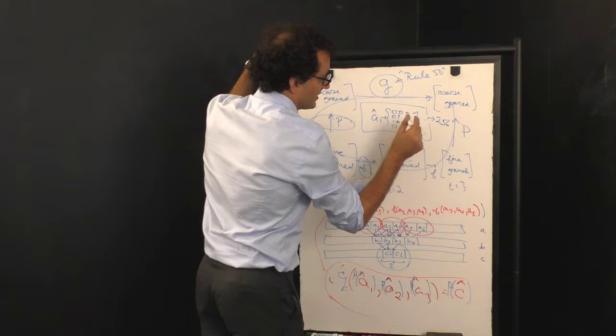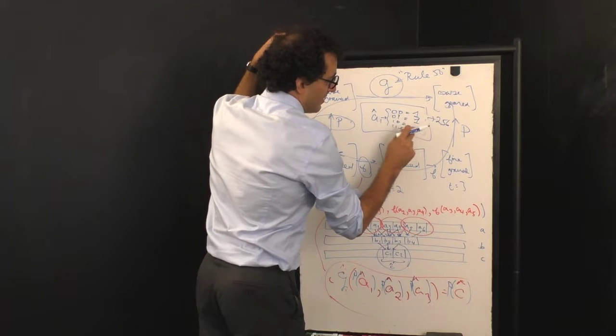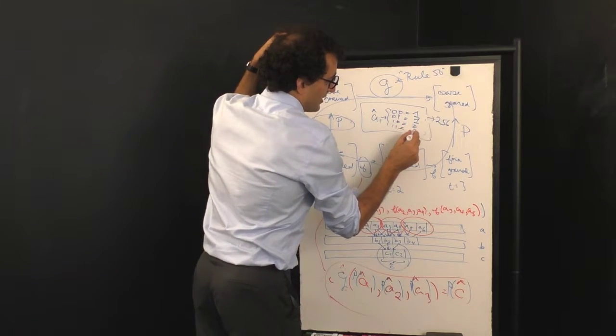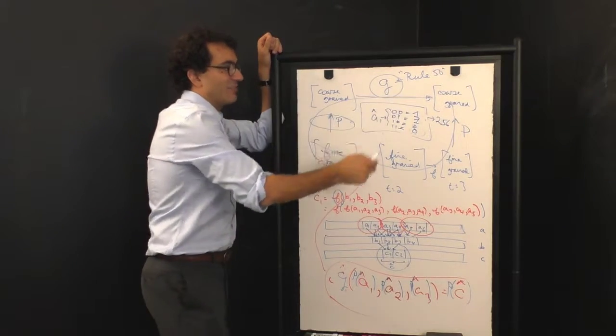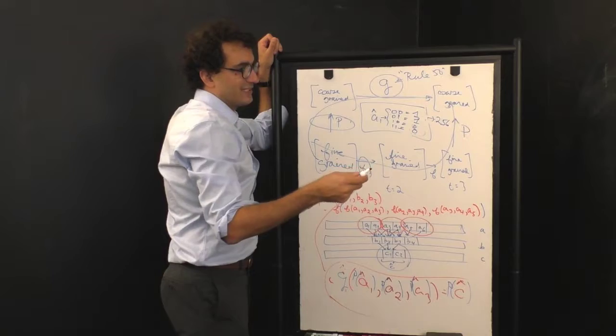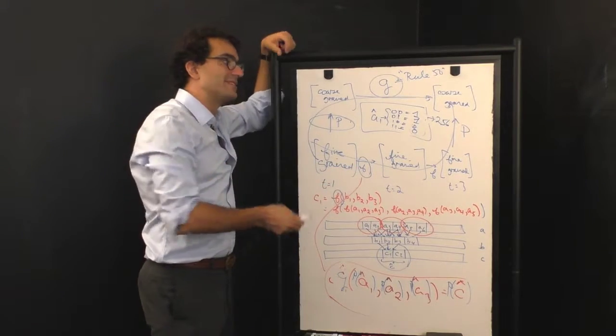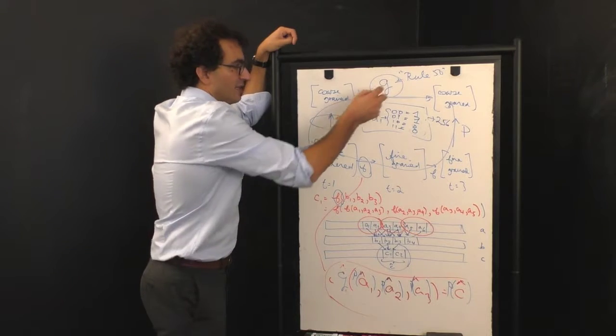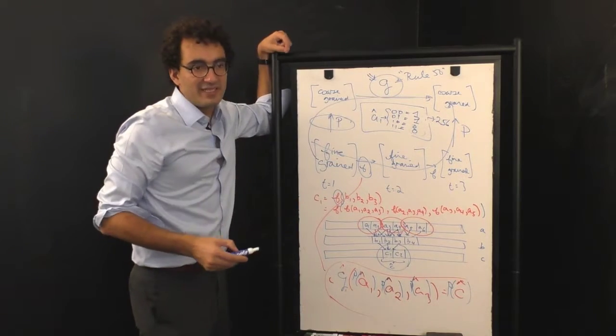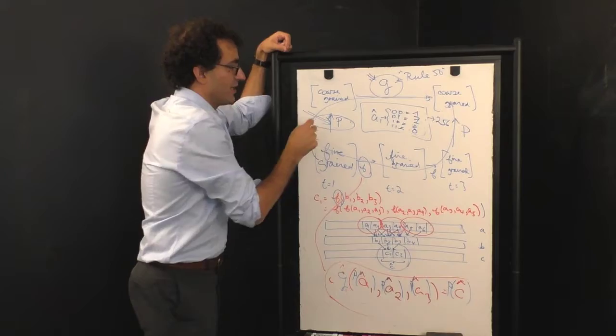Okay, try a different projection operator. Maybe you would try this one here. So you try that projection operator, and then you'd cycle again through all the 256 rules. So what Israeli and Goldenfeld did essentially was just a brute force solution to the problem of finding renormalized theories and accompanying coarse grainings.